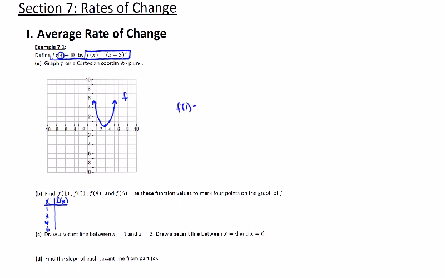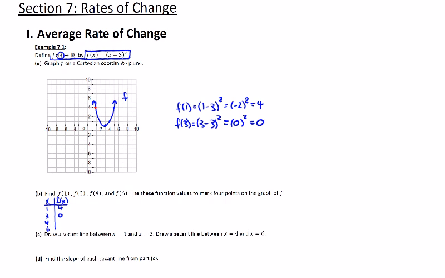F of 1, and we'll have (1 minus 3) squared, negative 2 squared, which is 4. I'll write down 1, 4. So there should be a point located at 1, 4, and there is. I'll mark it there in red. We'll do the same thing with an x value of 3, f of 3. (3 minus 3) squared will be 0 squared, which is 0.